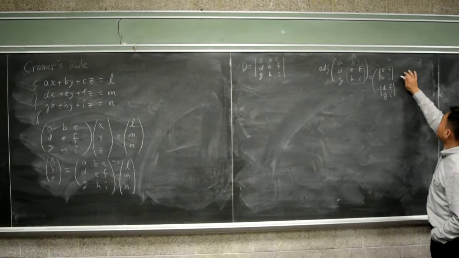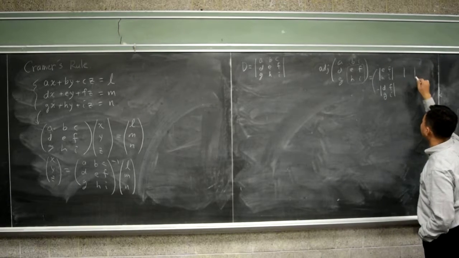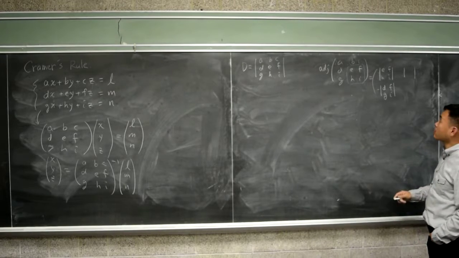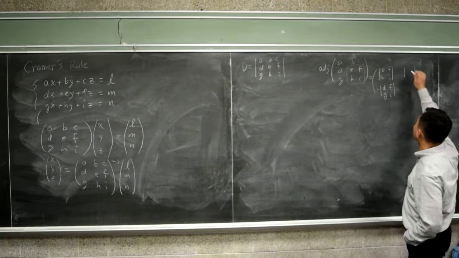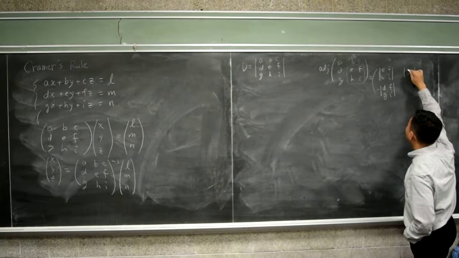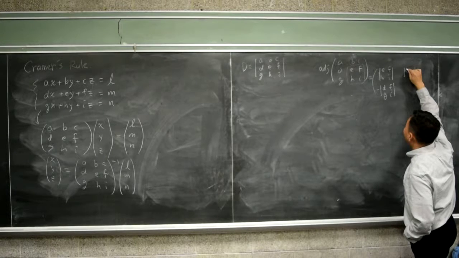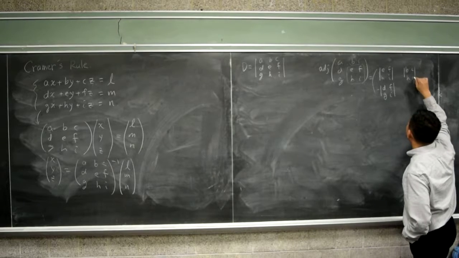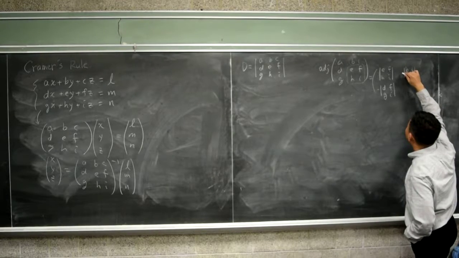But what goes here? Can anyone tell me what goes here? You delete the D. So what goes here? B, C, H, I. Put a minus or not?